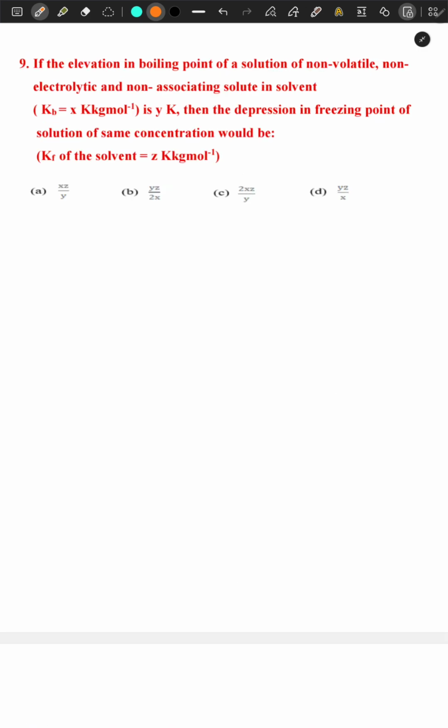Now you read this question. If the elevation in boiling point of solution of non-volatile, non-electrolyte and non-associating solute in solvent is Y Kelvin and Kb is given. So remember Kb means ebullioscopic constant.